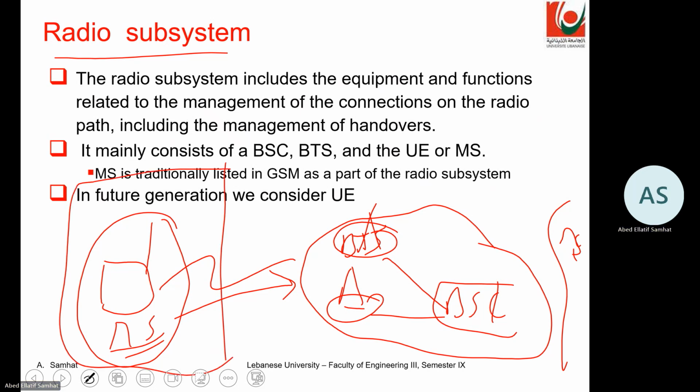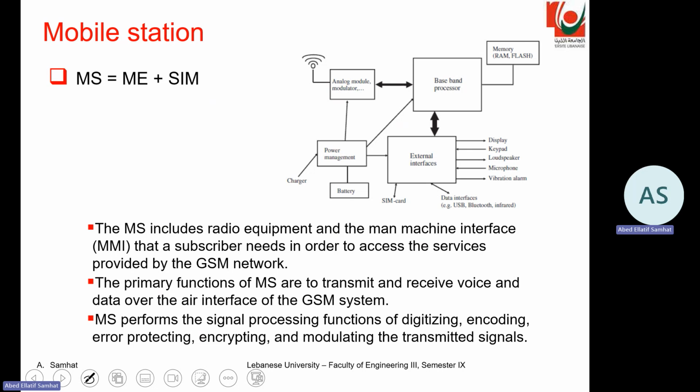Okay, so let's start with the mobile station, which is the user equipment in the future generation. It's called user equipment, and now it's the mobile station. So in GSM, the mobile station is a part of the radio subsystem, and it consists of mobile equipment and SIM card.